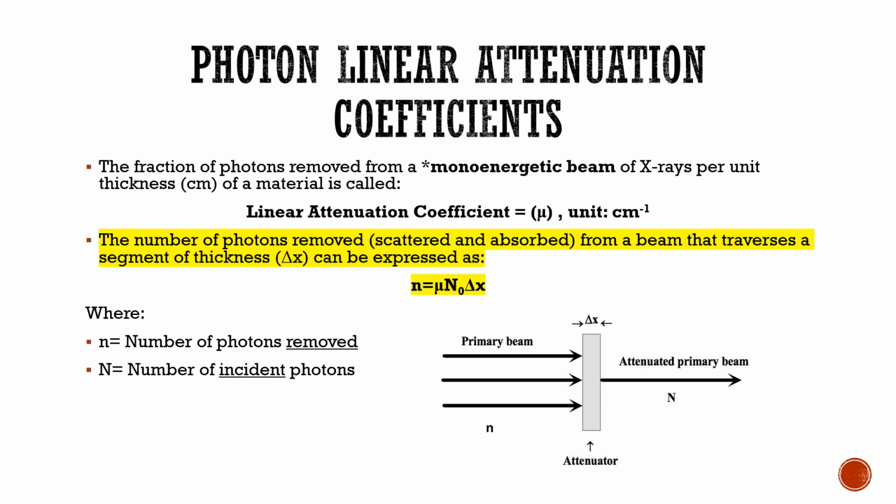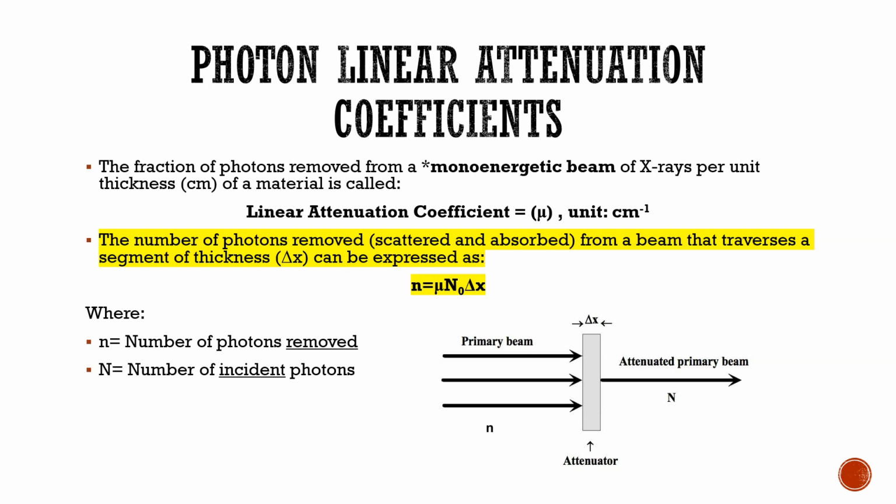Now note, the linear attenuation coefficient refers to the fraction of photons removed from a monoenergetic beam of X-rays per unit thickness, typically denoted in centimeters. The definition of a linear attenuation coefficient is the number of photons removed, as previously discussed, either through scattering events or absorption events, from an X-ray beam as it traverses through a segment of thickness, typically denoted as delta x.